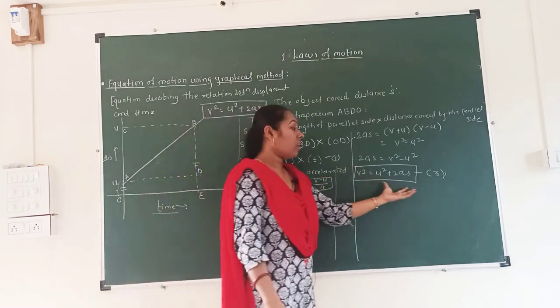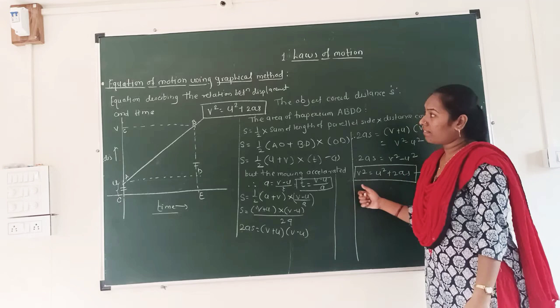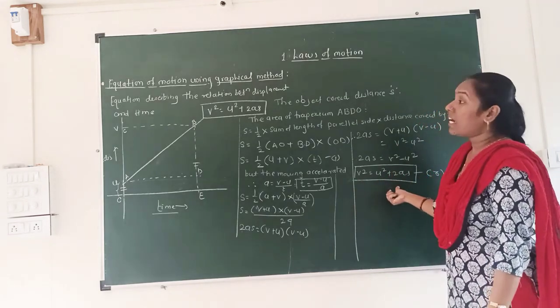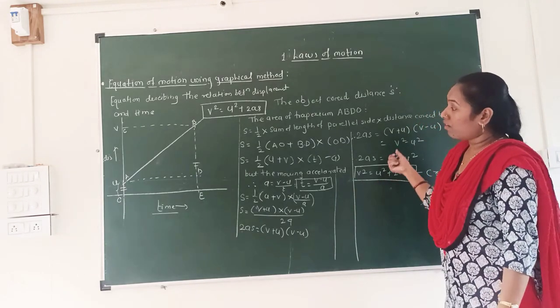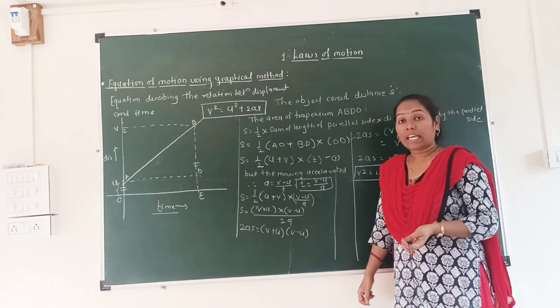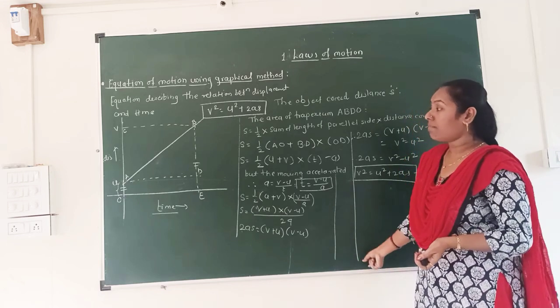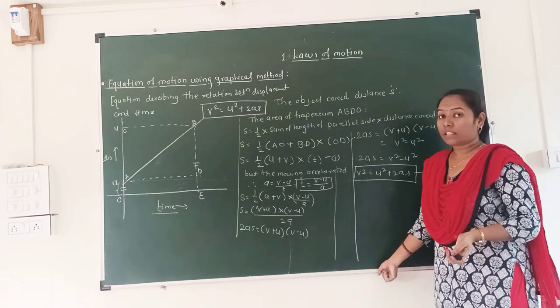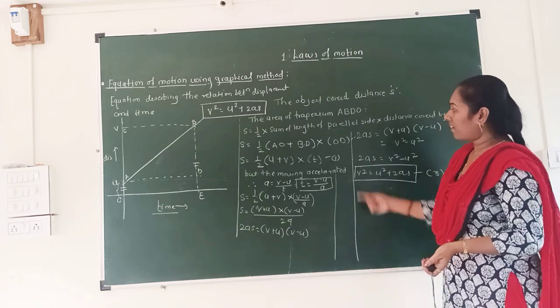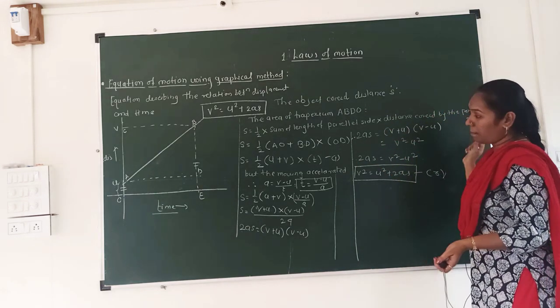This equation was discovered by the scientist Newton, and it describes the relation between displacement and time. How do we calculate the distance here? By considering the area of the trapezium. And the formula for the area of a trapezium is S is equal to 1/2 into the sum of lengths of parallel sides into the distance covered by the parallel sides.